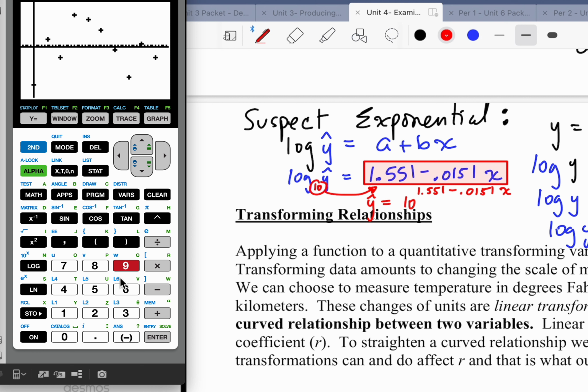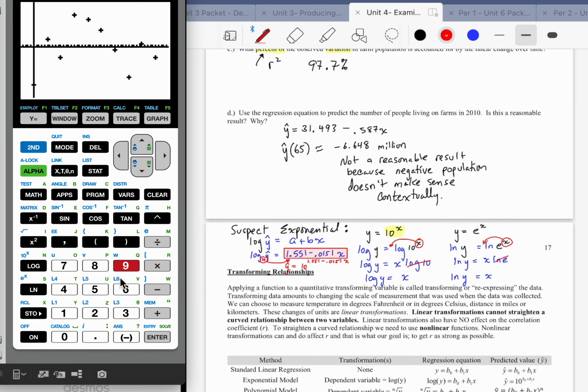Well, we can draw a conclusion that the linear model is appropriate for the transformed data. That linear model came from an exponential transformation, linear transformation using exponential techniques, which means that the exponential regression would be appropriate for the original data set. All right, so any computations would now be made using this new regression equation, y hat is equal to 10 raised to the blah, blah, blah power.